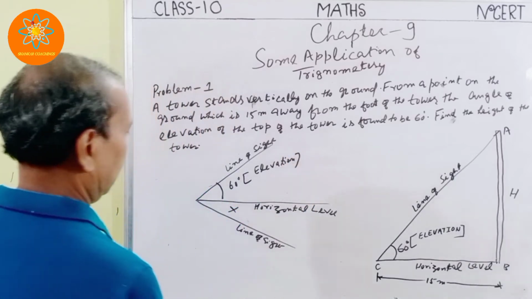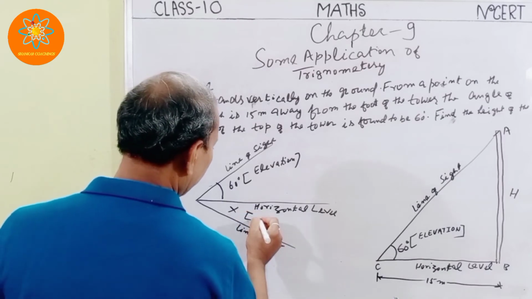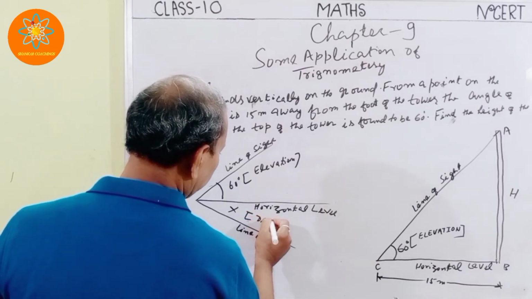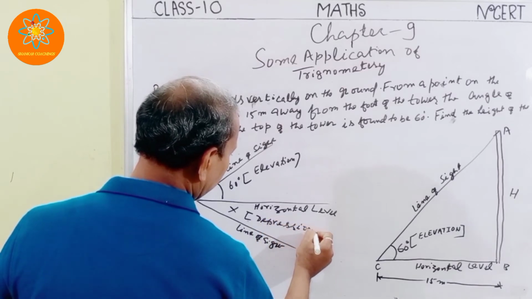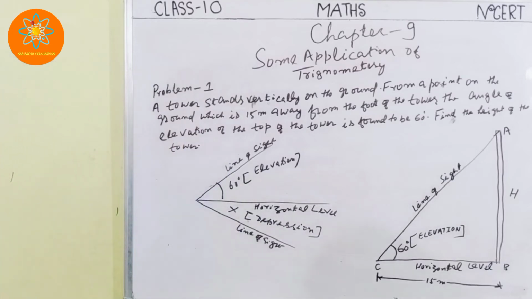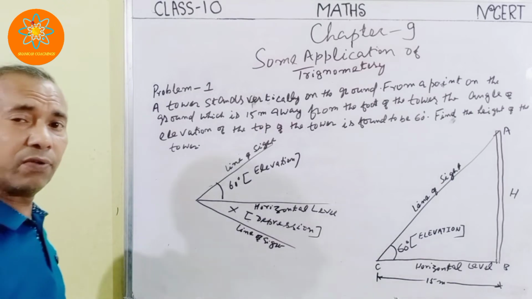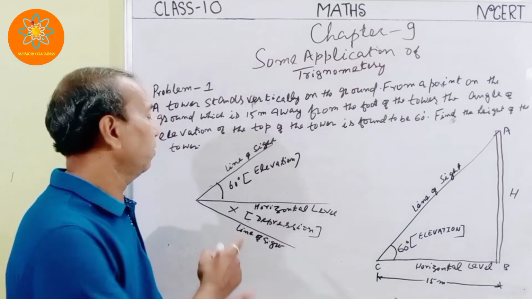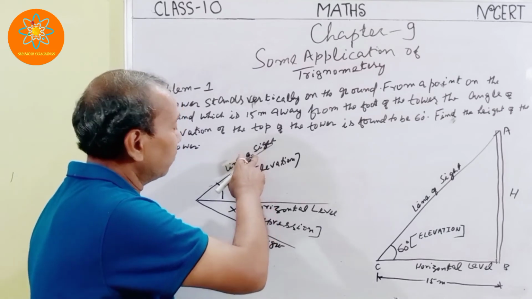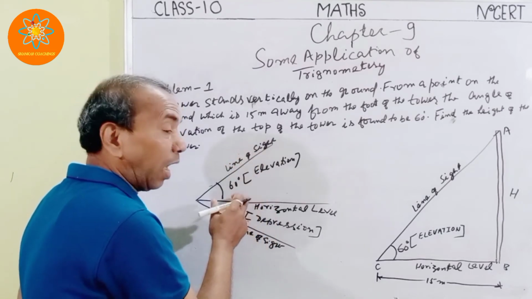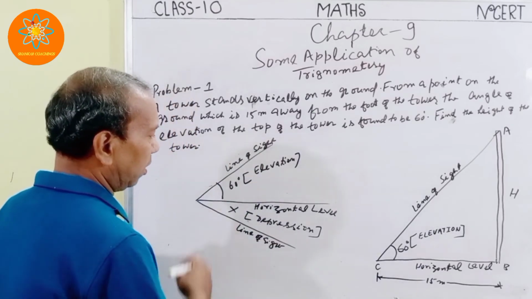This should not be there, because this is your depression angle. Okay. So in this way we will solve the problem. Only the confusion is which angle will be elevation angle. So since this is the horizontal level, this is the line of sight, it is above the horizontal level, not below the horizontal level.